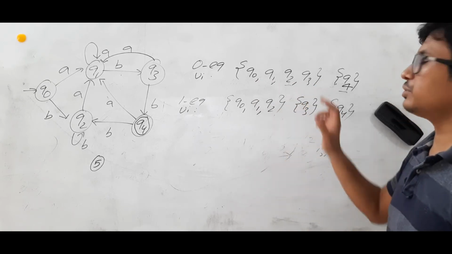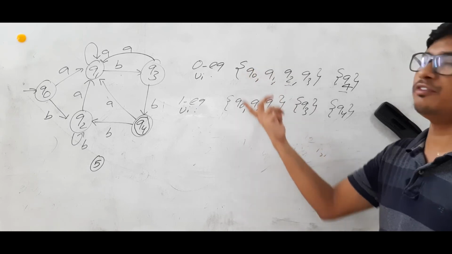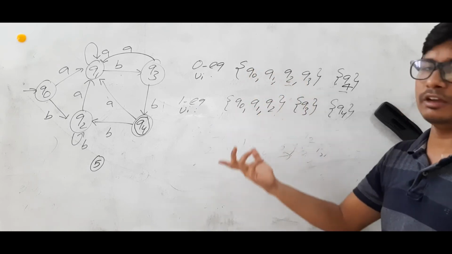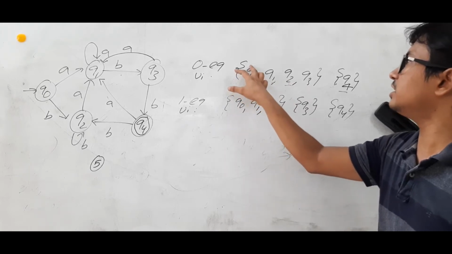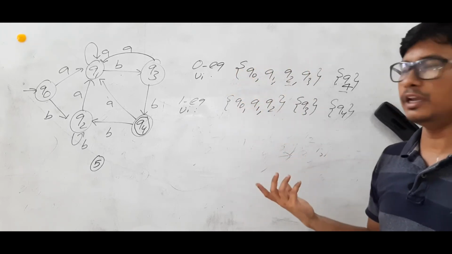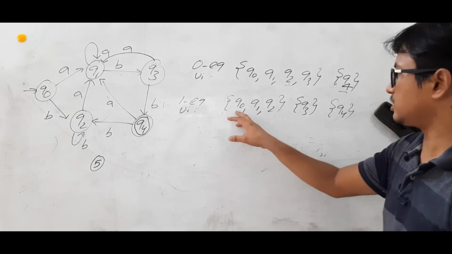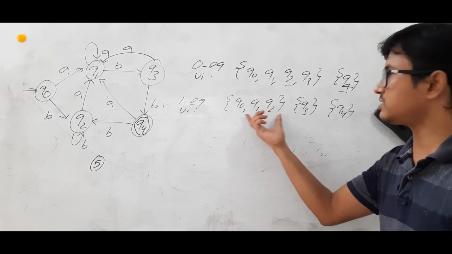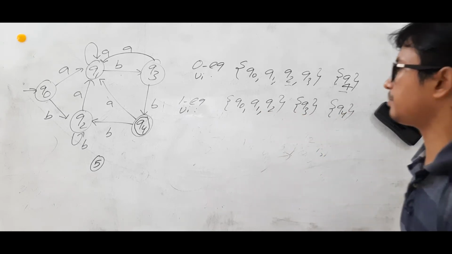Q2, Q3 are enemies, then obviously Q3 is an enemy of Q0 and Q1 too. If these two are enemies and these three are friends, obviously this and this one are enemies. Q0 and Q3 obviously will be enemies. Am I right or wrong? So that's why Q0, Q1, Q2 belong to one set and Q3 belongs to another set, and Q4 is already a separate set.